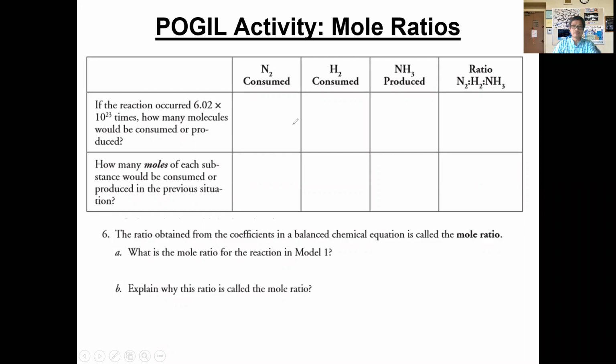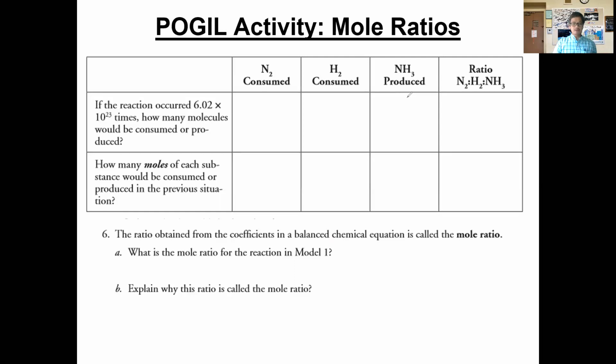We don't even run it with 538 molecules of nitrogen and 1,614 molecules of hydrogen to produce 1,076 molecules of ammonia. Those numbers are still way too small, folks. It is nearly impossible to isolate 538 molecules of nitrogen and 1,614 molecules of hydrogen, let alone trying to isolate one molecule of nitrogen and 3 molecules of hydrogen.